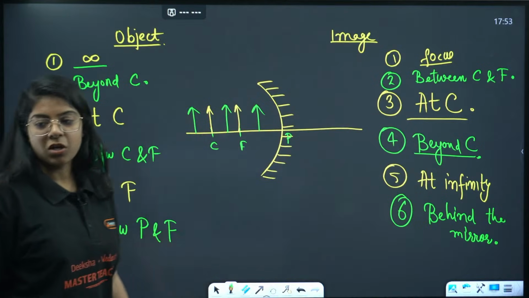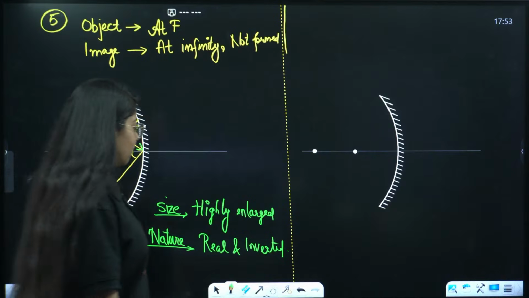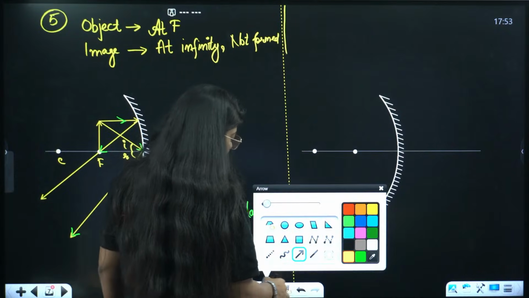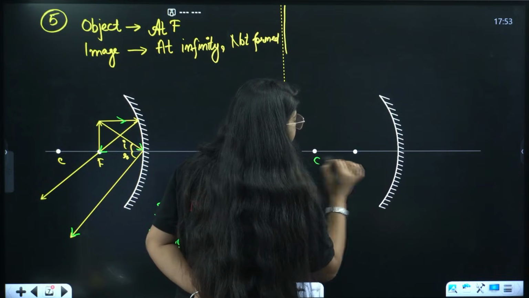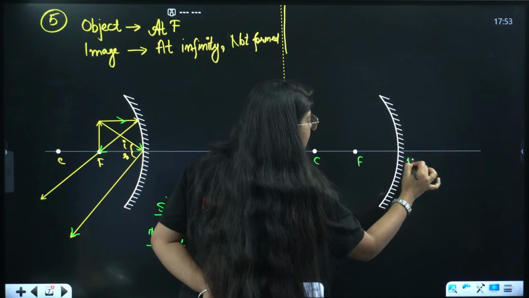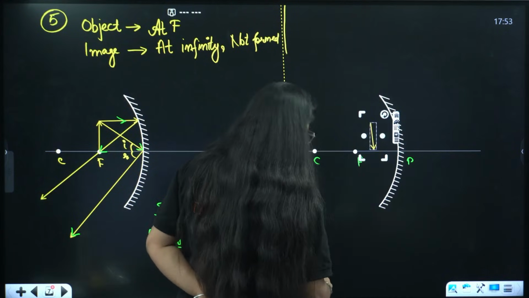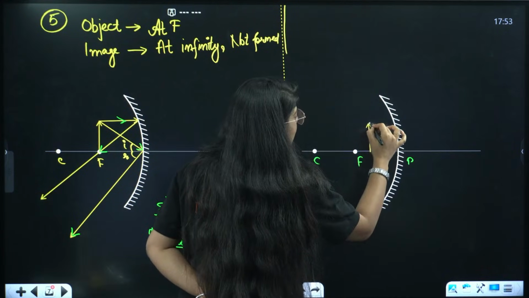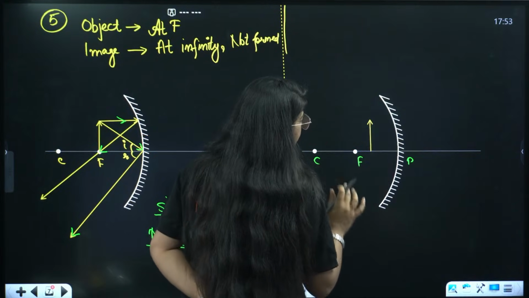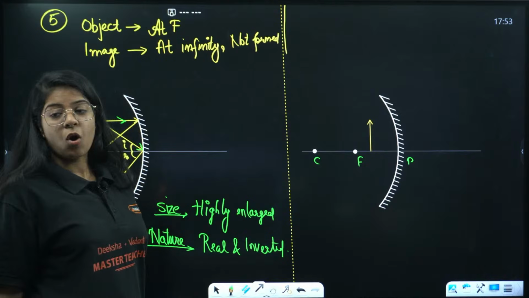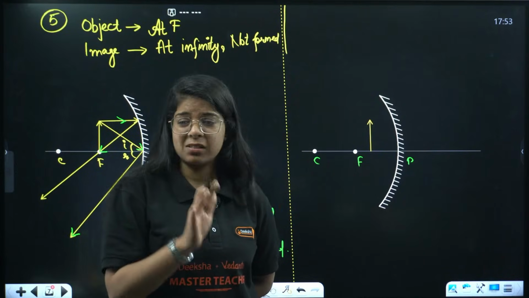Done. Now let's see how to make the 6th case. Very important case, be very careful. Now this is my center of curvature, this is focus and this is pole. Done. Now the object is between pole and focus. Correct? So first, rays always travel parallel to the principal axis.